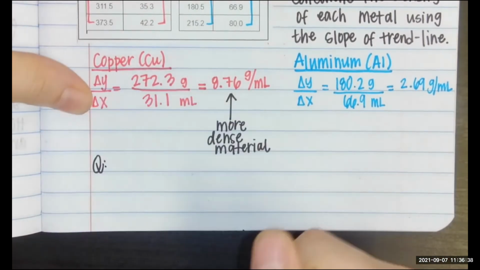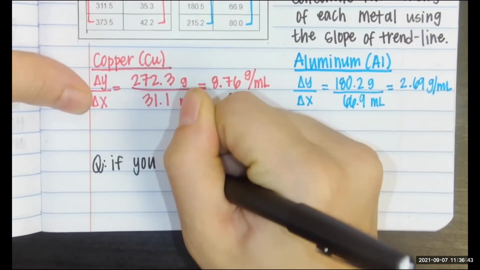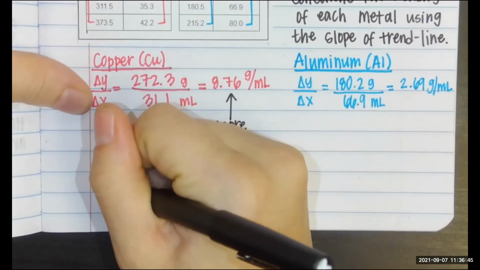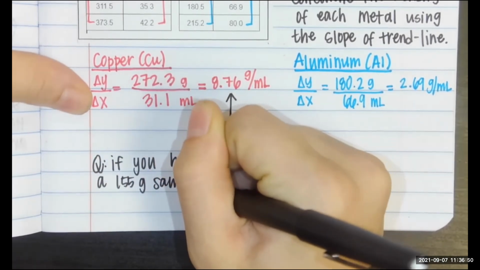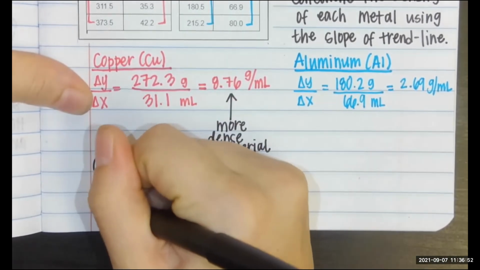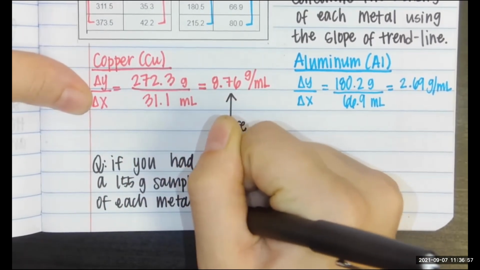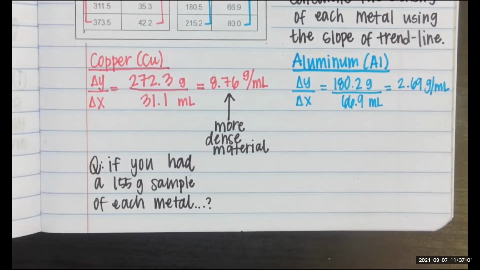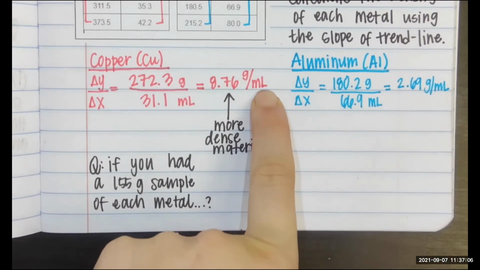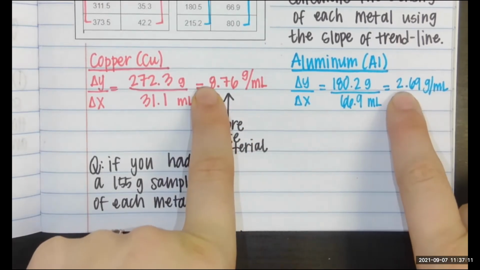So question, if you had a 155 gram sample of each metal, how much space is each going to take up? Because it's not like they're going to be the same mass and the same size. 1 milliliter here is 8 grams. 1 milliliter here is like 2.